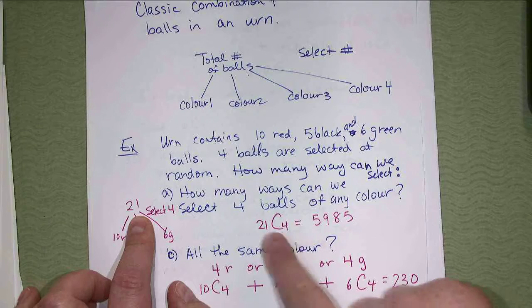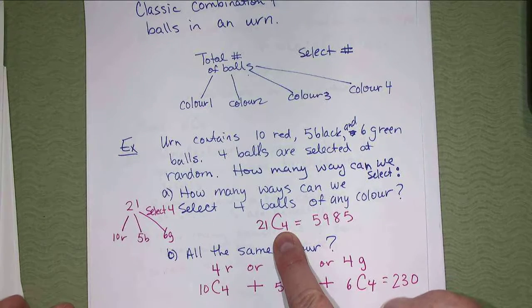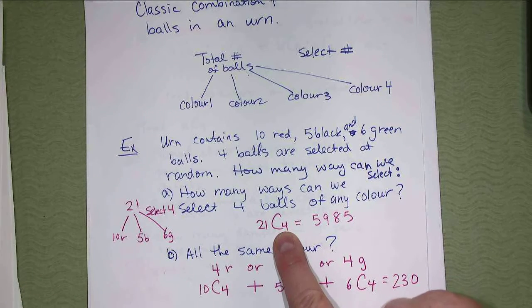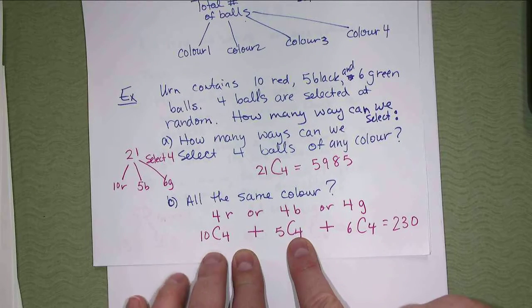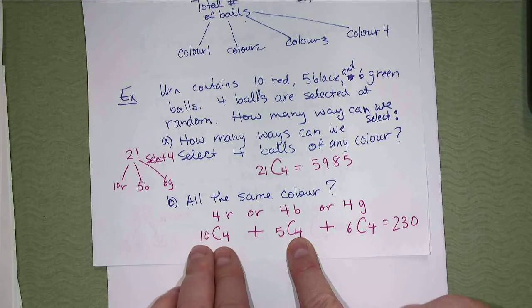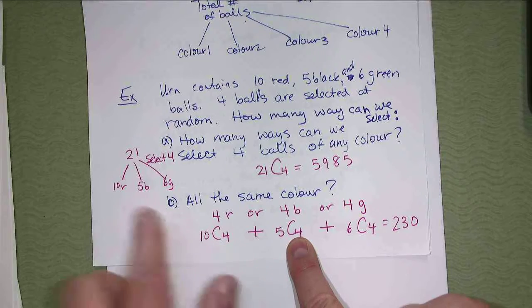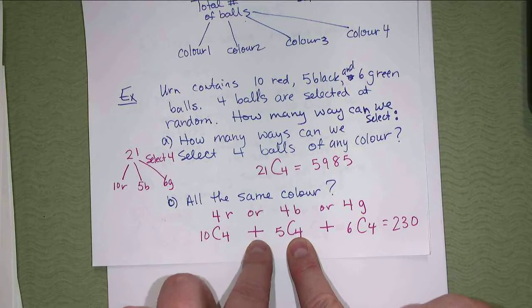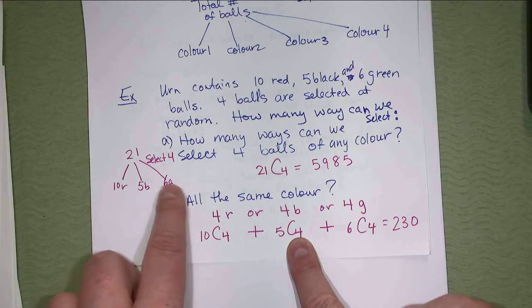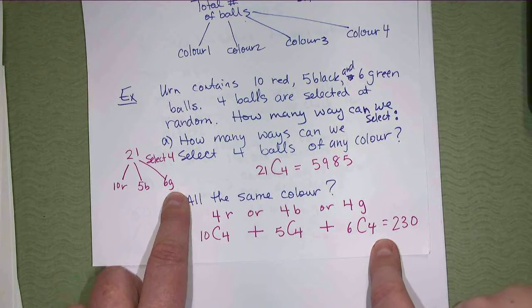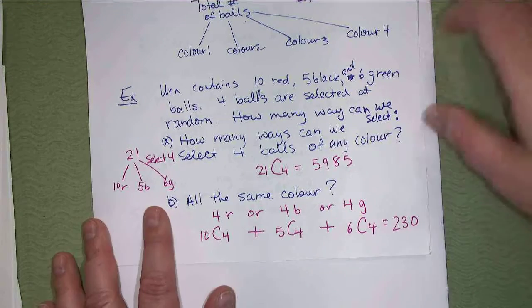So 21C4. Okay, so when they don't mention a color, it's just the total. All the same color, so we just did that, right? This time it's 3 choices. So out of the 10 red, pick 4, or out of the 5 black, or out of the 6 green, pick 4. So or would be add.